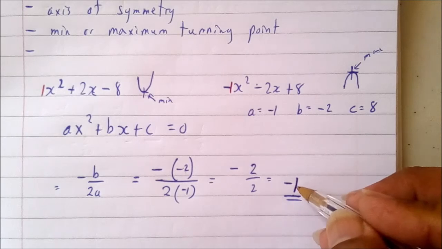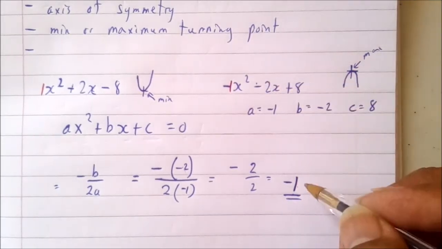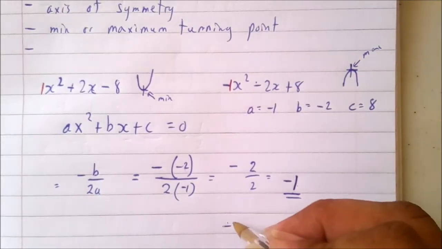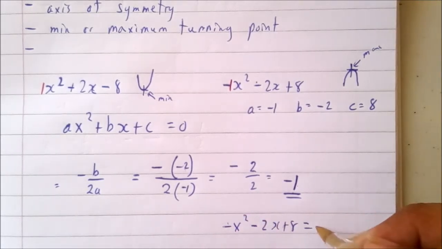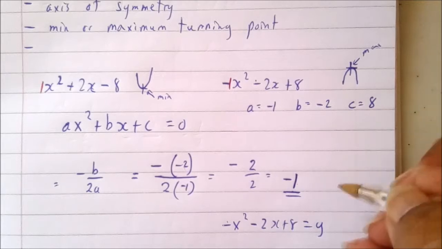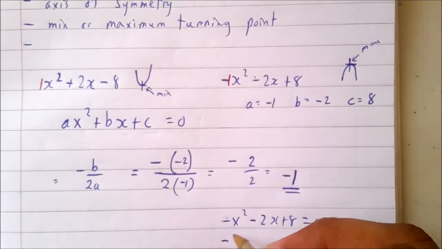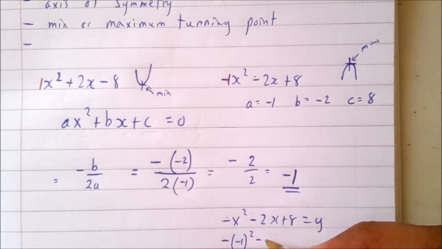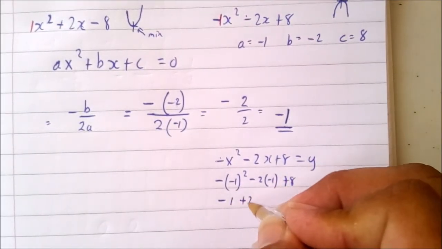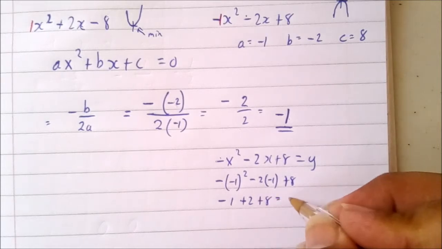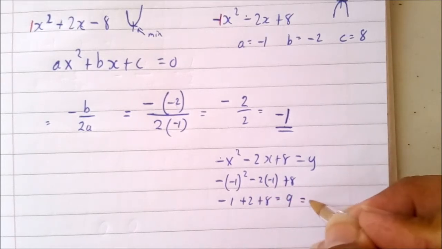Now when we take this negative 1 and input it into this equation, negative x squared negative 2x plus 8 equals y, we will get our y value. Negative negative 1 squared negative 2 negative 1 plus 8, and there we get negative 1 plus 2 plus 8, which gives us a positive 9, which is equal to y.